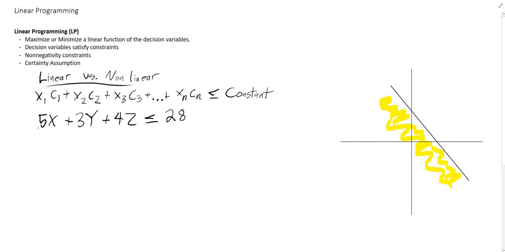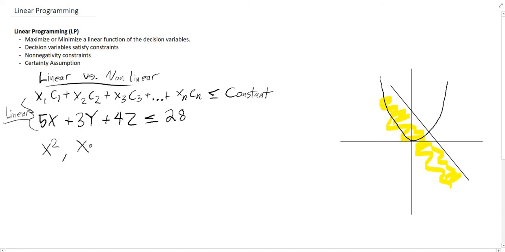Now we're going to look at some non-linear functions. And I think it's better to just look at examples of things that are not linear. So we'll look at x squared as not linear. This would graph sort of like this. Clearly you see it's not in that line shape. It could also have x times y, which is not in this form.